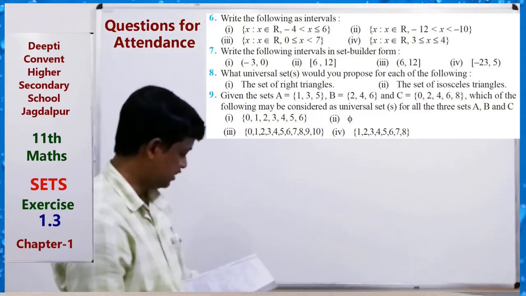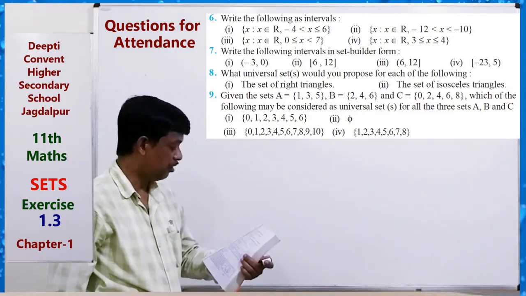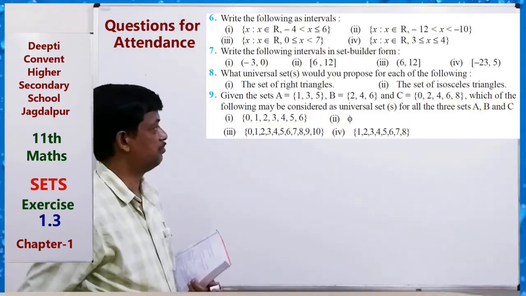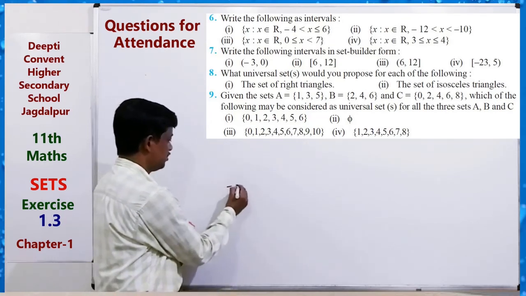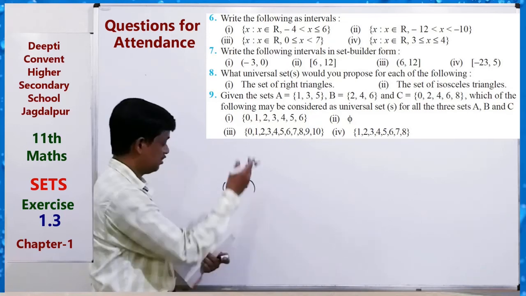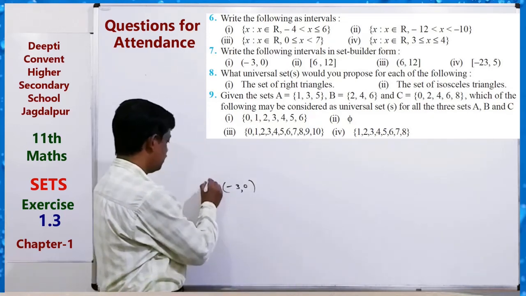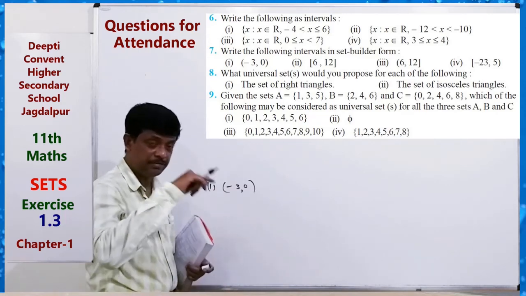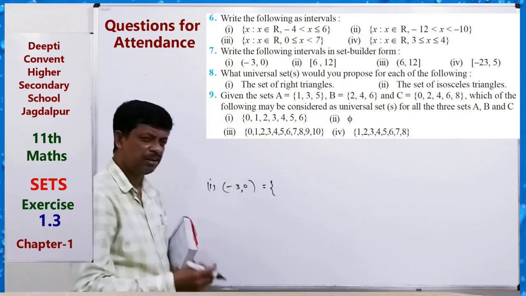Question 7: write the following intervals in set builder form. Okay, here (-3, 0). This is an open interval. How can we write the set builder form? In this open interval there are infinite real numbers.